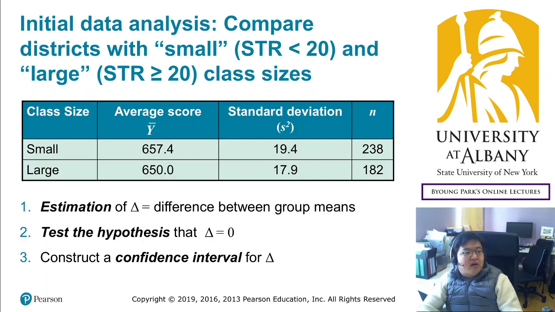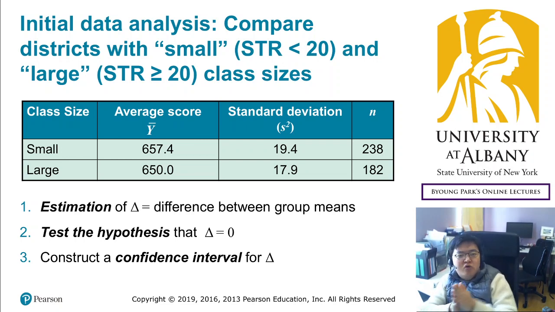Now let's do a very simple toy model analysis. At the very simple level, we are going to classify the data into two groups. There is no particular reason, but we cut the student-teacher ratio at 20.